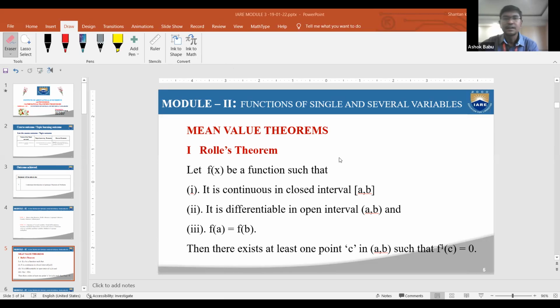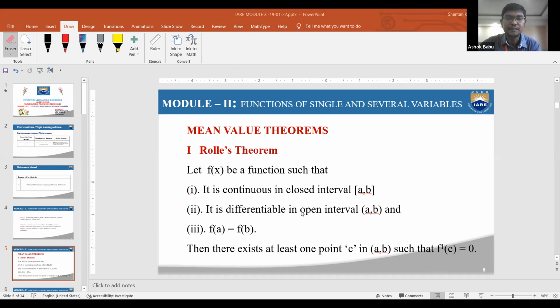I came back. No problem. Whoever understands Rolle's theorem properly will find Lagrange's theorem easy. Regarding the continuous and differentiable functions, we discussed them properly in the last classes, and the concepts of closed intervals and open intervals also.